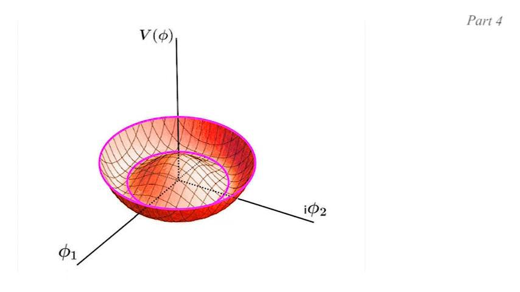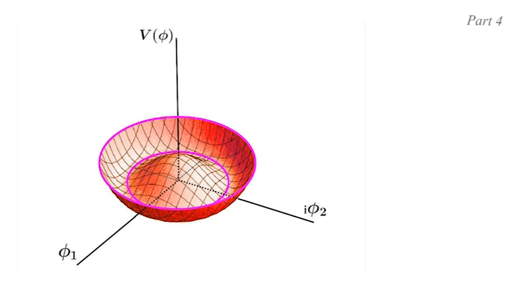You won't go up or down the sides of the valley. Go around at any level of v and it will be constant at that level. It will be invariant. In fact, the whole Lagrangian will be invariant as well, not just the potential. The whole Lagrangian of this complex field will be insensitive to this kind of rotational change in phi.